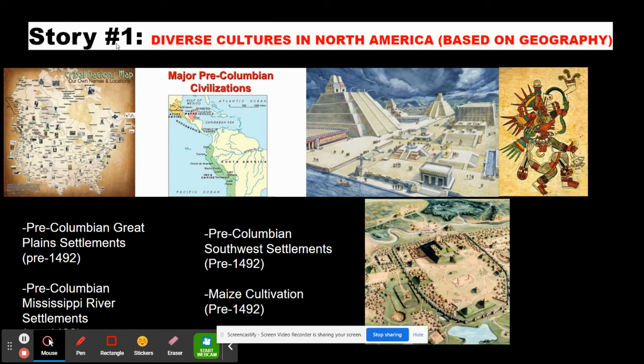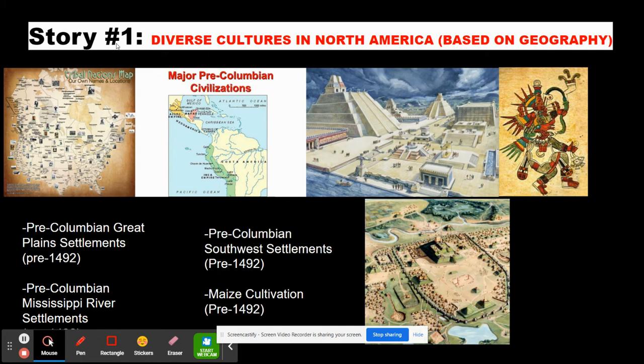So our first big picture story is this idea of very diverse native cultures, and that diversity is attributed to environmental factors. While there are hundreds of native tribes in North, Central, and South America in the 1400s and well before, what we're going to do is hit on a couple of these in the event that you do get a question on this topic.